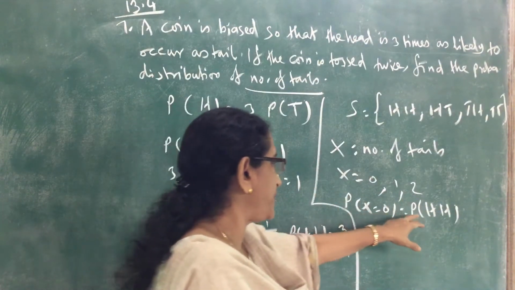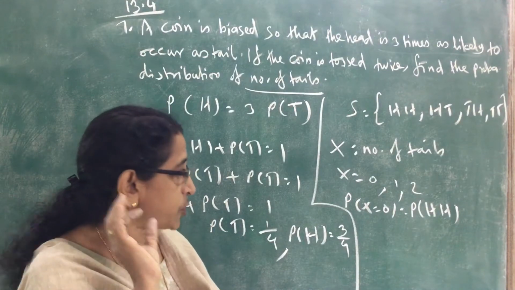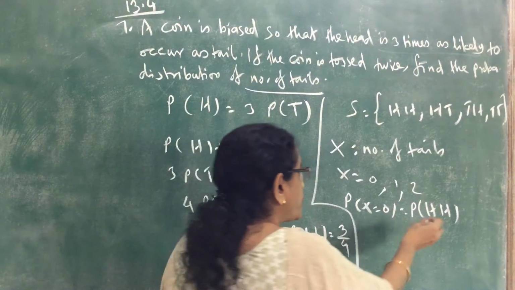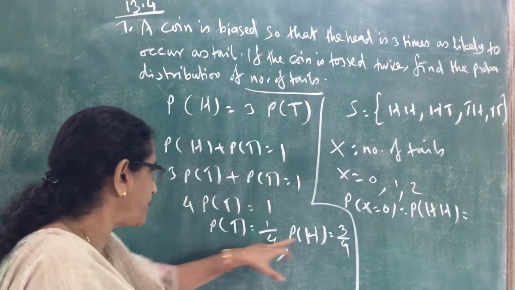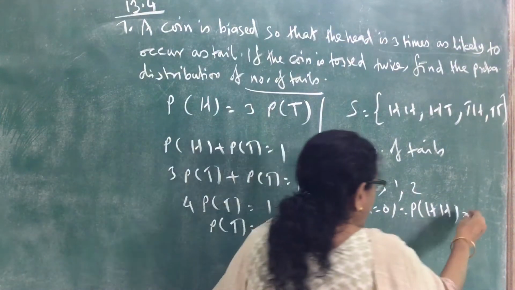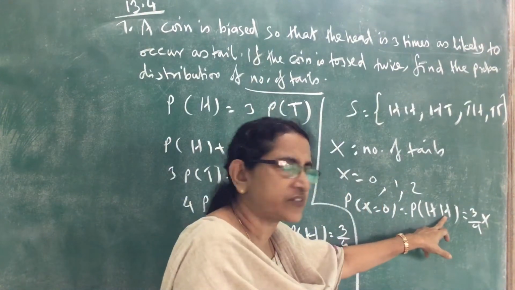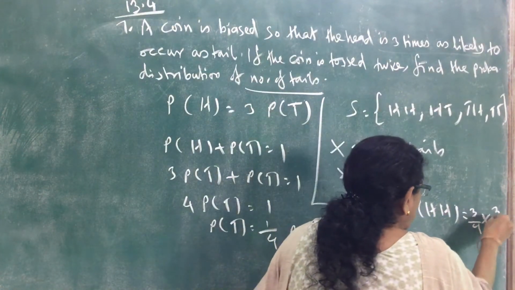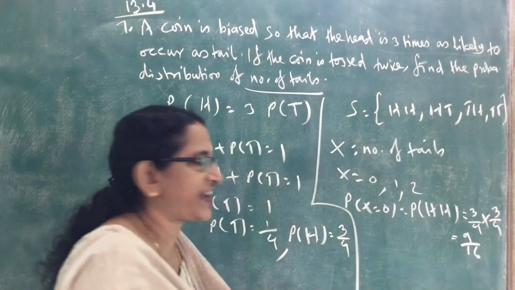Probability of getting H is 3 by 4, into second toss getting head, that is also 3 by 4. So 3 by 4 into 3 by 4 is 9 by 16. That is probability of X equal to 0.